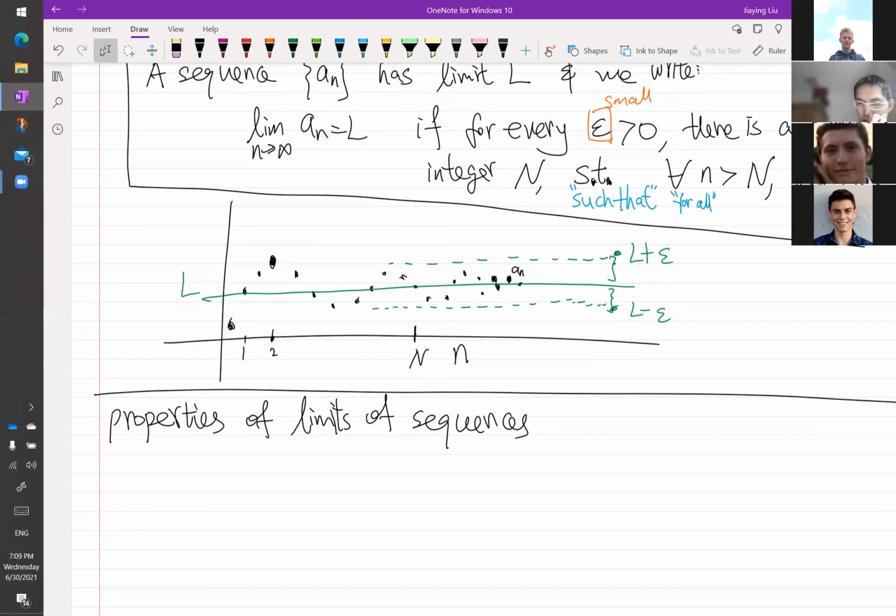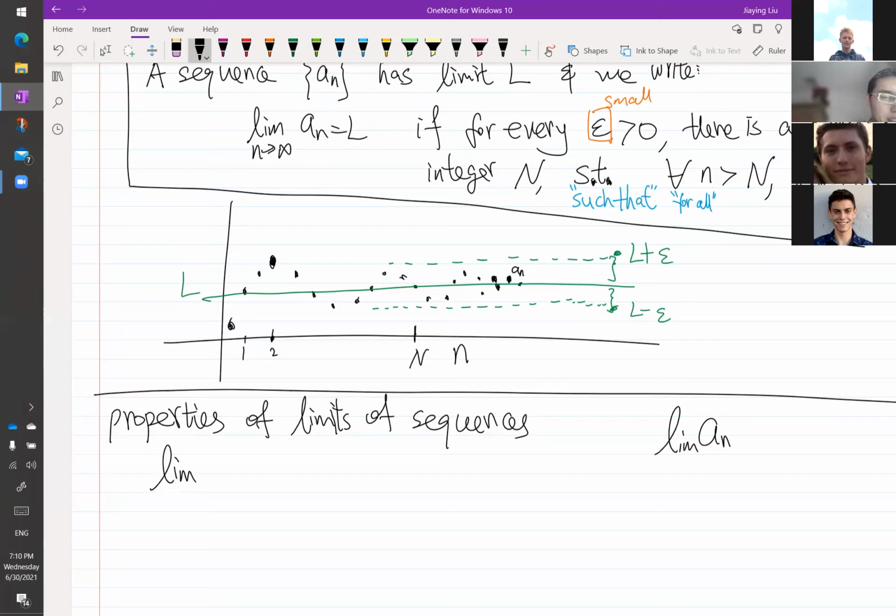In the following, if you see limit a_n, just think of it as the limit of the sequence a_n, not just the individual element, right? It's the limit of the sequence.